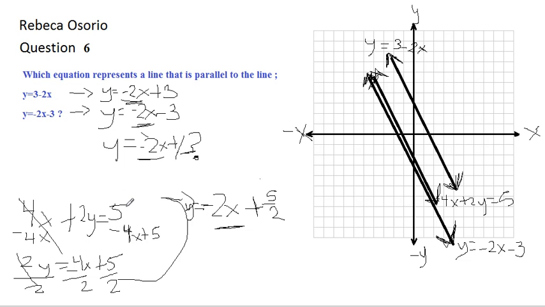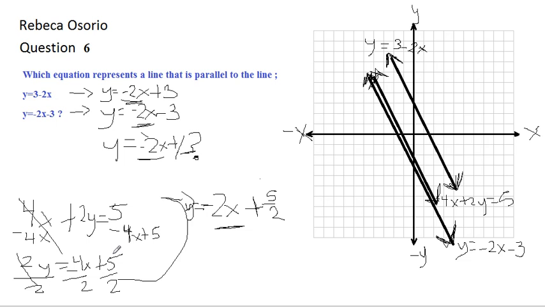So on the other side I did 5 minus 4x, and I got 2y equals negative 4x plus 5. And then I still don't have the y by itself, so I divided it by 2 and canceled out the 2's.